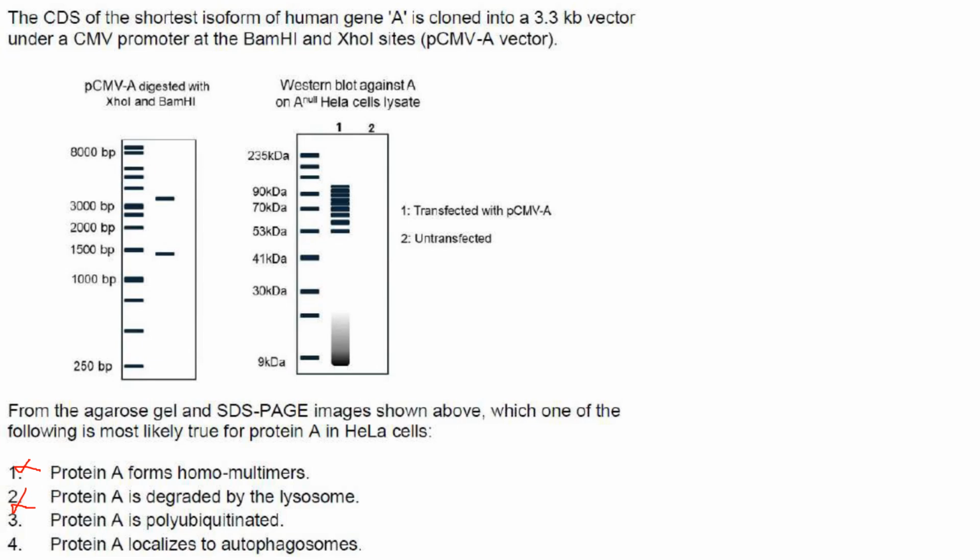So that could be the answer. Protein A delocalizes to autophagosomes. Again, that is lysosomal degradation where you will get smaller bands. So that is also not correct. So the answer here is option 3.